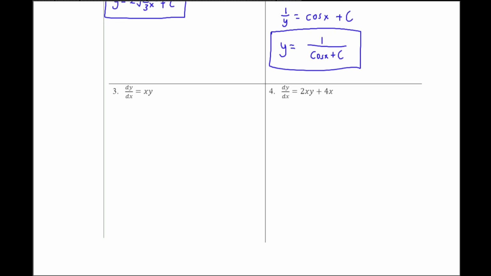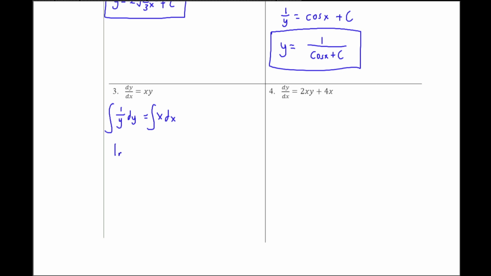Let's do these examples here now. Separate the variables, divide both sides by y, and then multiply both sides by dx. So we have a 1 over y dy is equal to x dx. Now you take the integral of both sides.